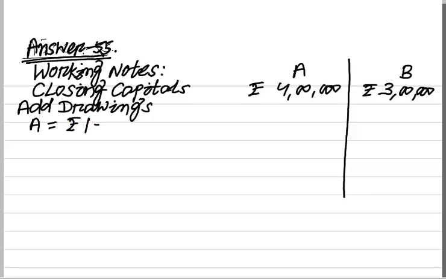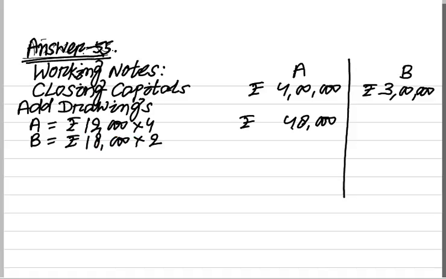Rupees 12,000 into 4 is equal to rupees 48,000. And B's drawings are rupees 18,000 drawn at the end of each half year. Rupees 18,000 into 2, half yearly means it will be drawn twice. This is rupees 36,000.